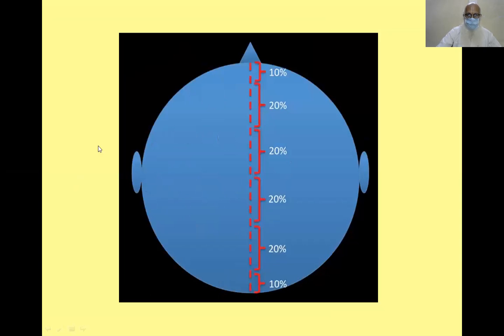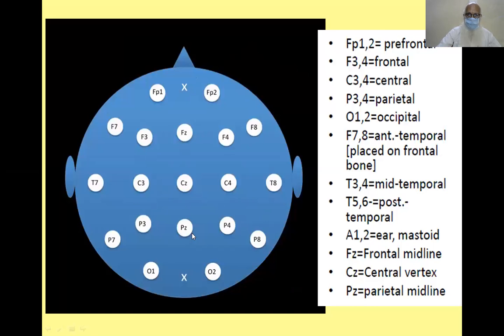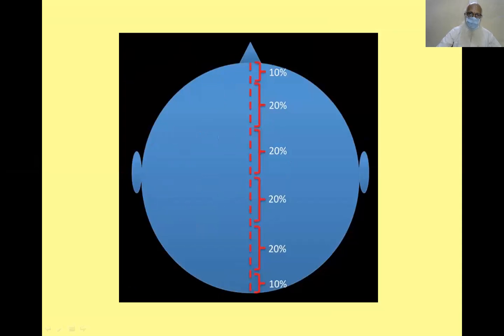Then, how can we exactly do this? On a circle like this, it is easy to represent, but to place them on this curve, there is a method used.